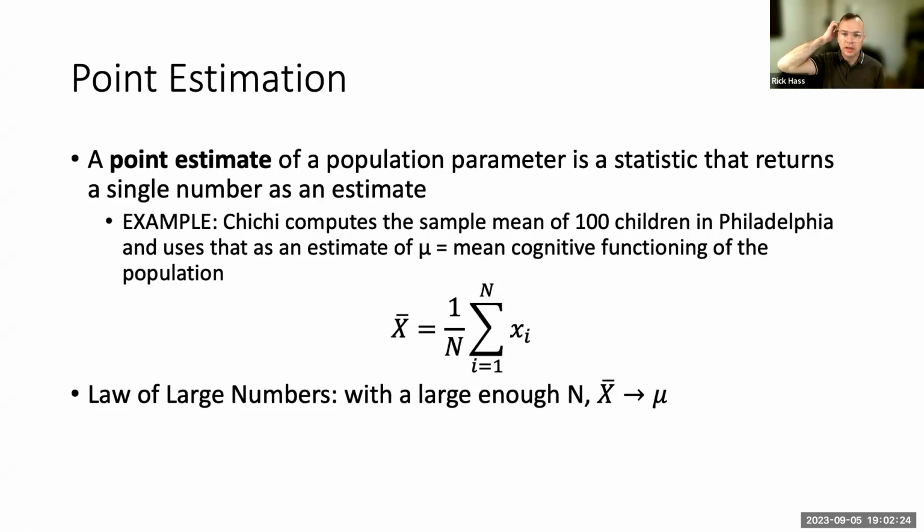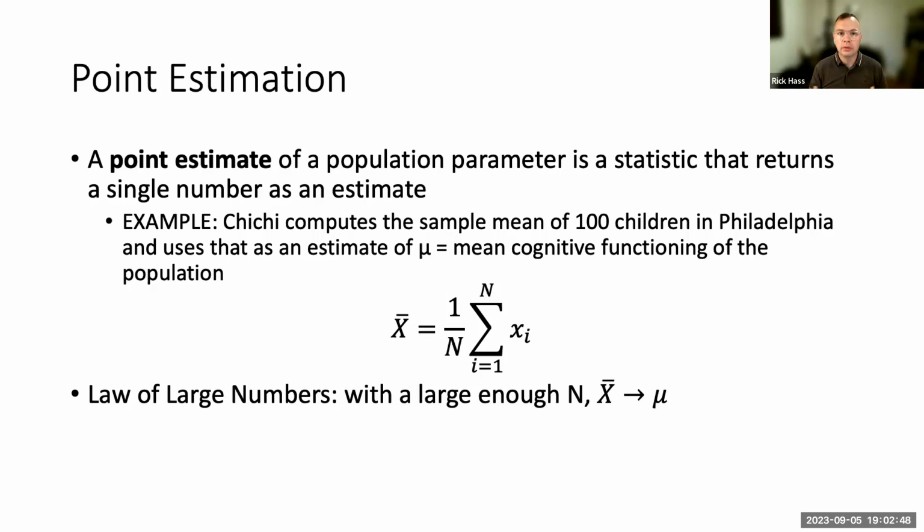Let's consider all of the hypothetical sets of 100 children that we could have gathered together. We've got this one, but let's think about all the infinite other ones and what their sample means could have been. What does that distribution look like?